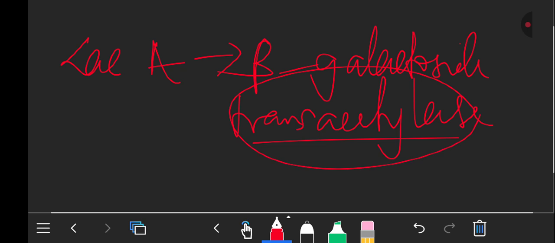What we need to concentrate on is the lac Z and also the lac Y. The lac A codes for the beta galactoside transacetylase, which we'll understand later on.